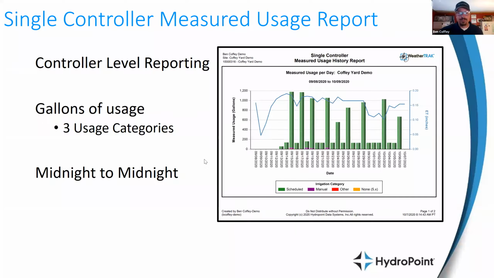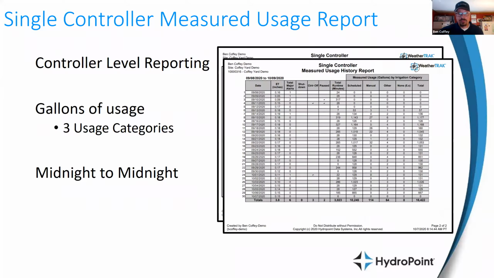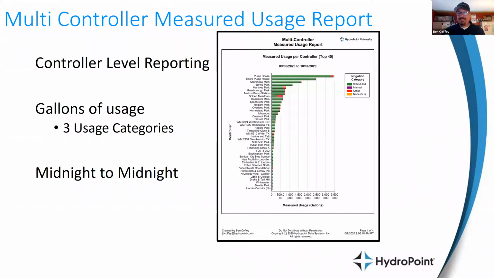All right, so let's go to multi-controller measured usage reports. Okay, so this is a big report. Again, the same concept. One of the beautiful things about WeatherTRAK is the ability to compare and contrast. That's what water managers like to do.